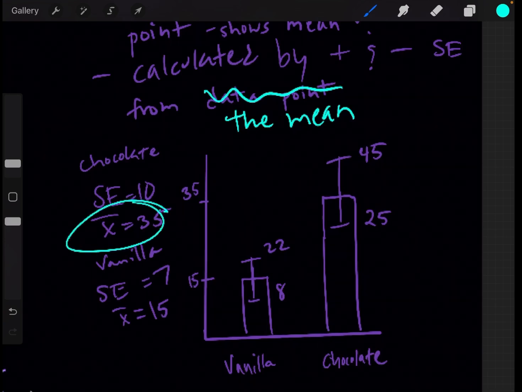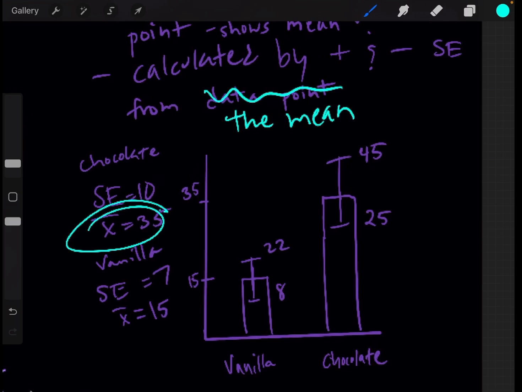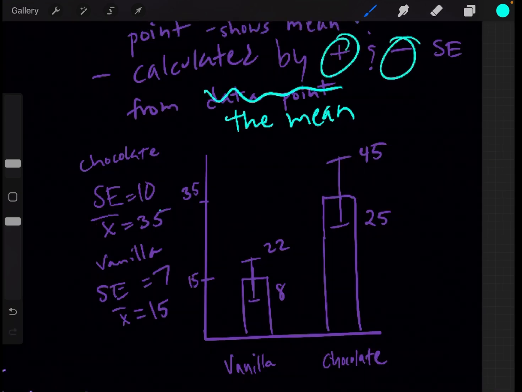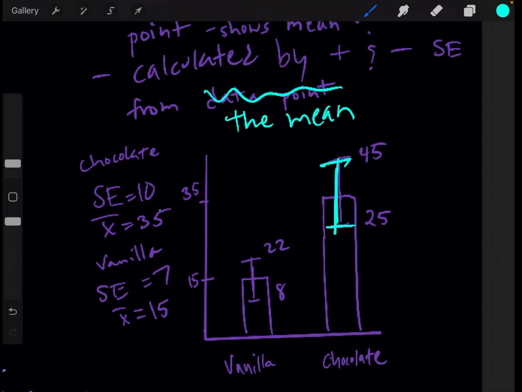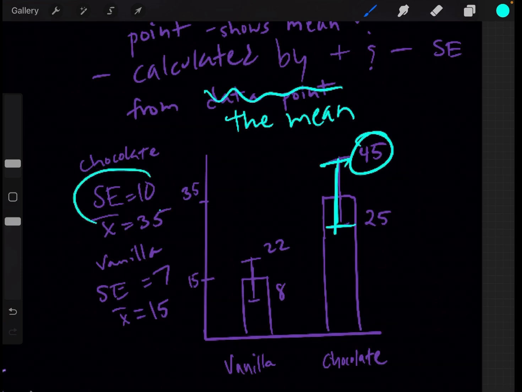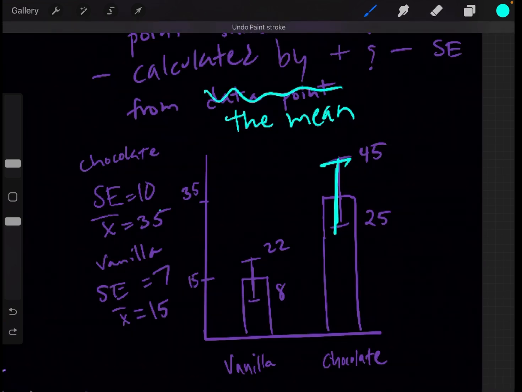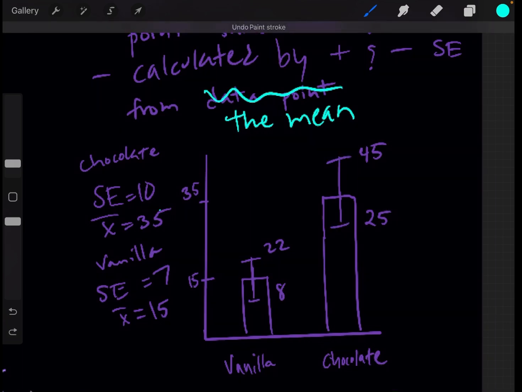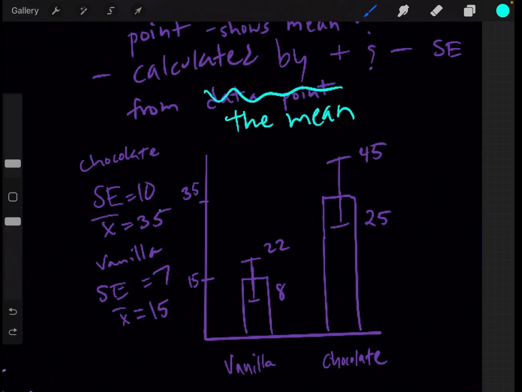Our mean is 35 for the chocolate side, so that's right here. And then we plus or minus the standard error, and we get our error bar, which looks like this I at 45, because our standard error is 10. So 35 plus 10 is 45, minus 10 is 25. So 25 will be here, 45 will be here, and then we have this range right here. That gives us our I shape.